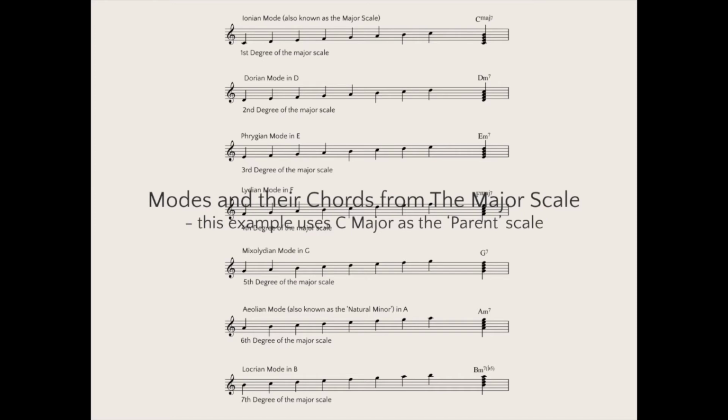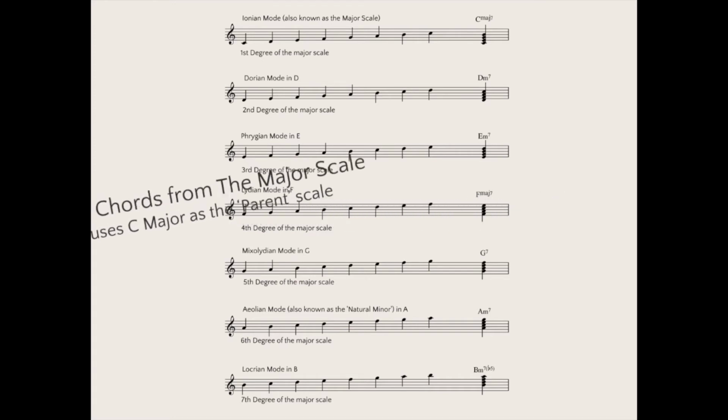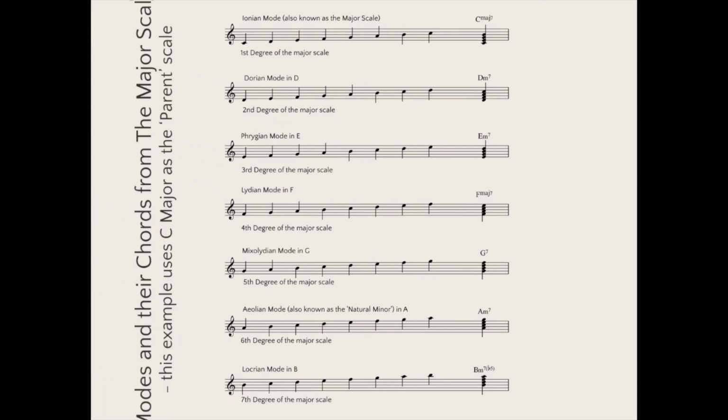Let's look at a list of the modes with each of their chords next to them. Here we have Ionian mode, and this is all from C major as the parent scale, with C major 7 next to it.